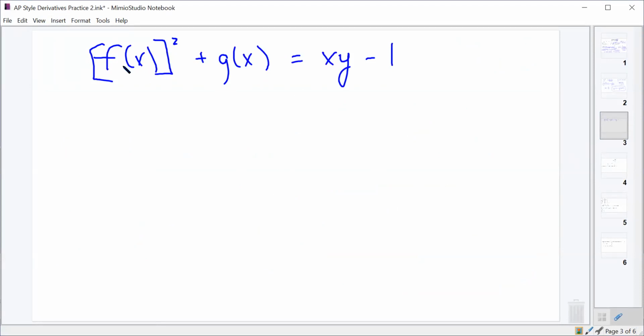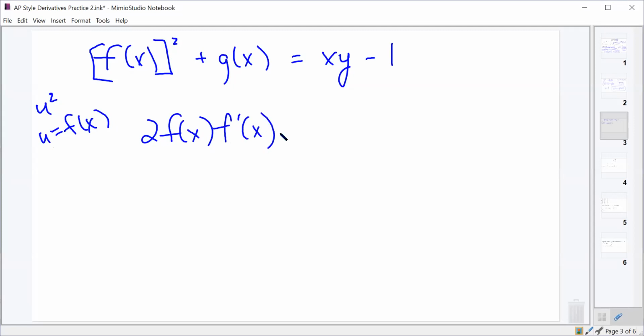If we want to take the derivative of f of x squared, that's a u squared with u equal to f of x. So the derivative of that should be 2u, or 2f of x, times the derivative of u, which will be f prime of x, plus the derivative of g, which is g prime of x.